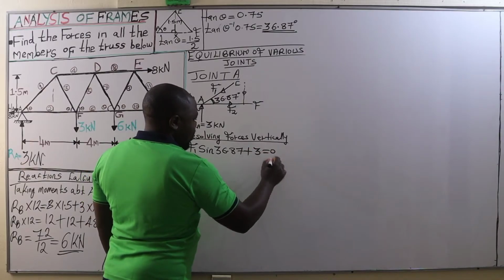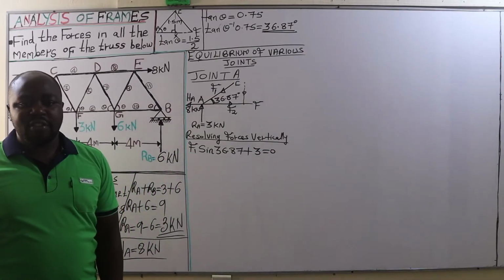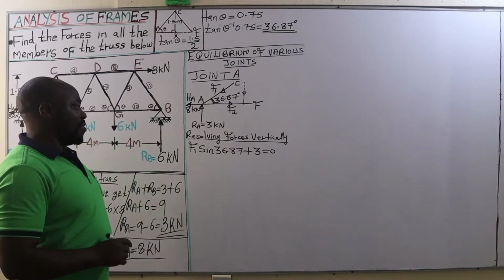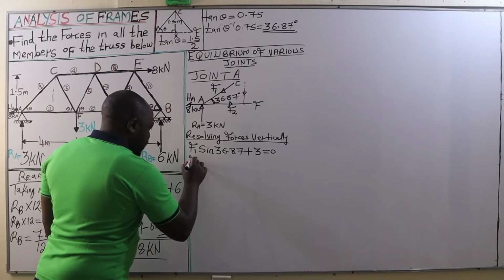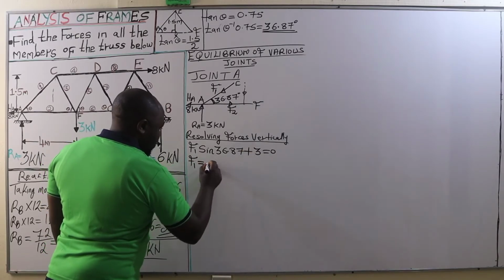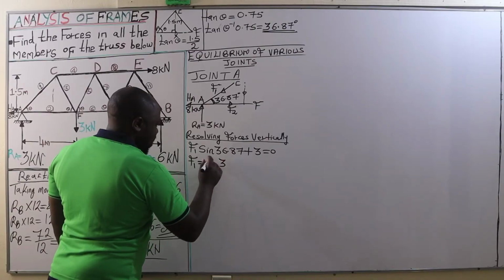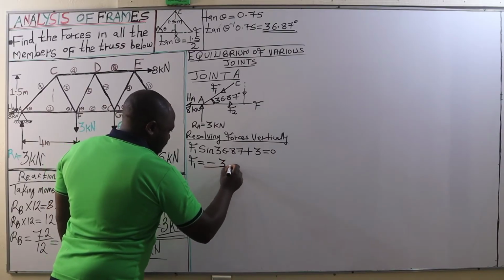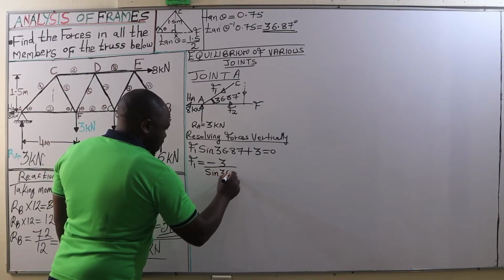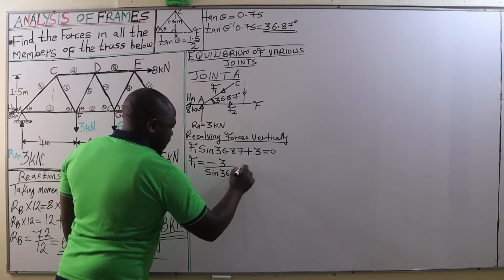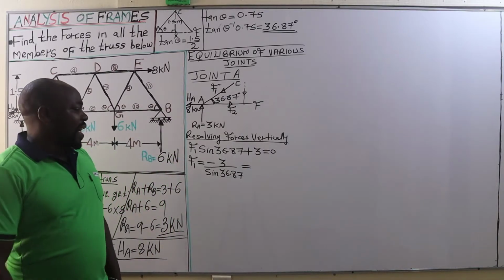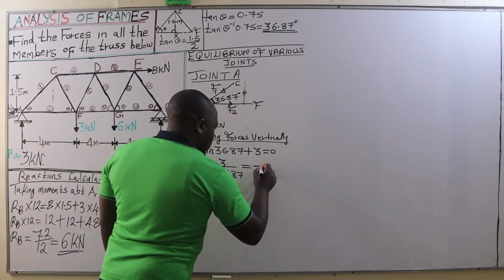We equate that to 0, since the summation of all the vertical forces is equal to 0, and that's the principle we are applying. Therefore, F1 is going to be, take 3 the other side of the equal sign, negative 3, and then we divide by sine 36.87, and that is going to give us a force of negative 5 kilonewtons.